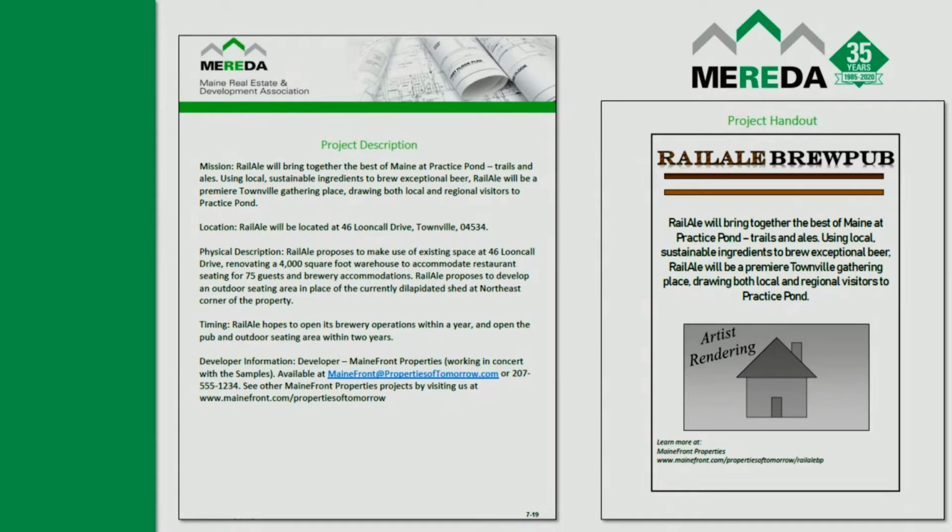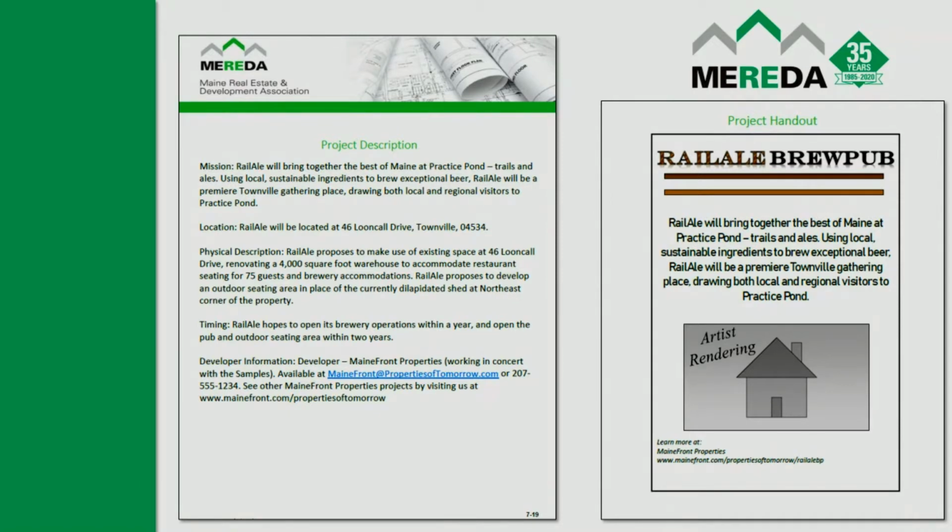Rail Ale will bring together the best of Maine at Practice Pond, trails and ales. Using local, sustainable ingredients to brew exceptional beer, Rail Ale will be a premier town-wide gathering place, drawing both local and regional visitors to Practice Pond. So as you can kind of hear from that mission statement, it's more than just this project will be a brewery. It sort of takes that bigger picture community impact into account.